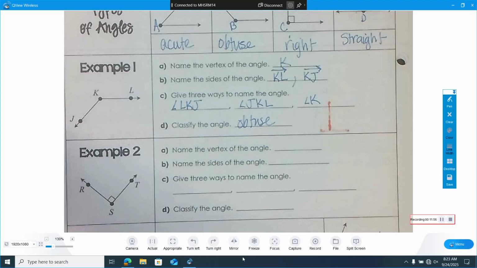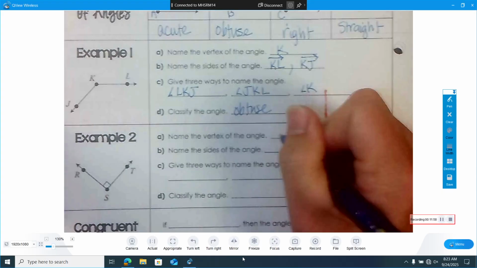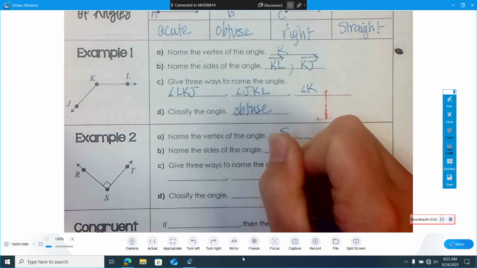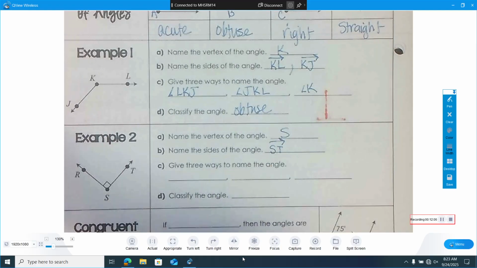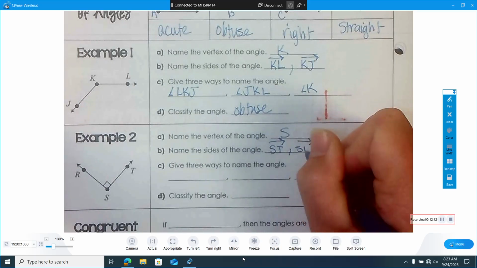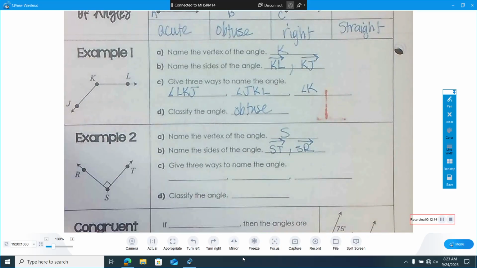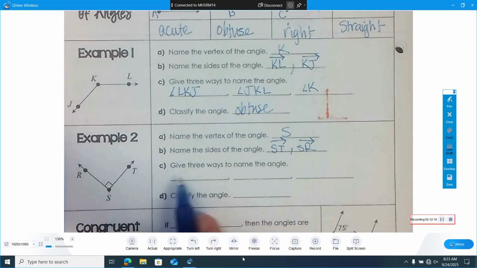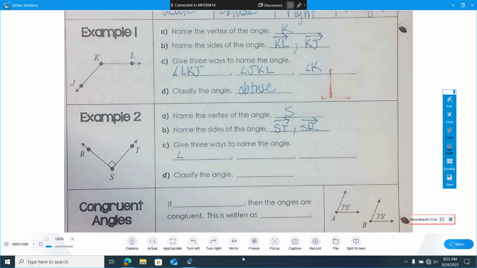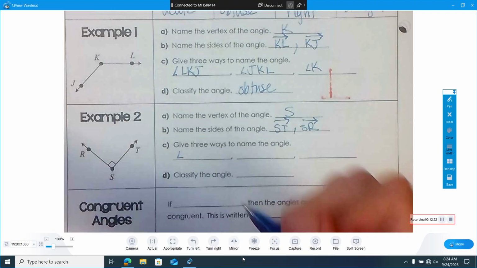All right, example 2, name the vertex of the angle. S. Name the sides of the angle. So I'm going to say ray ST and ray SR. Very good. Ray SR, beginning at S, passing through R. Give 3 ways to name the angle. SCR? No. Why no? SRT?